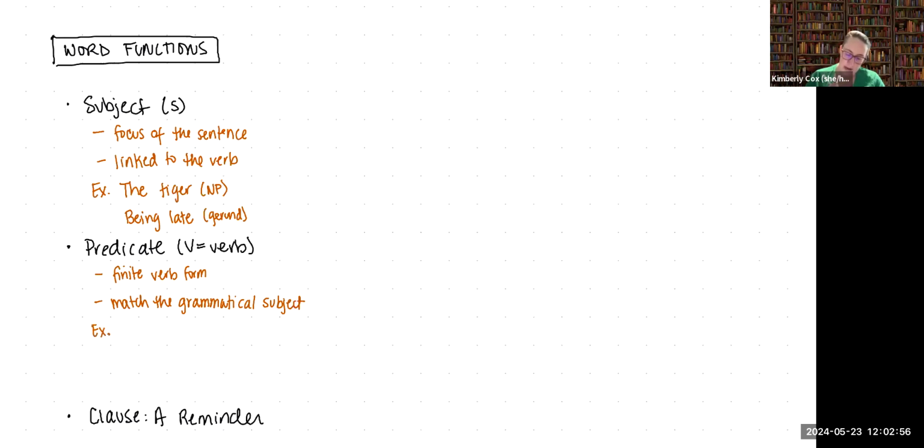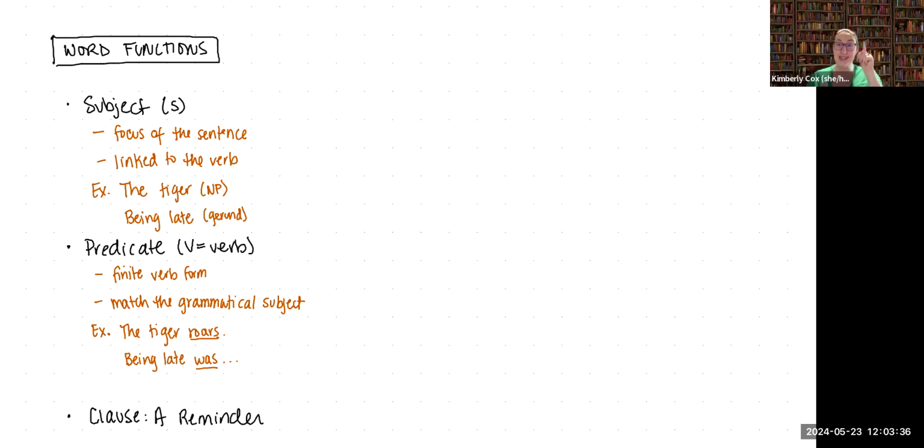The tiger roars. Okay. Roars here would function like a predicate. Or I might say, being late was... Okay. And I'm not going to put a period. I'm just going to do a dot, dot, dot, an ellipsis, because that's not a complete sentence yet. So these are two examples of how predicates connect, right, with what is functioning like a subject.